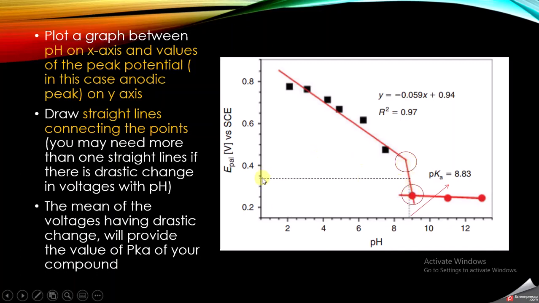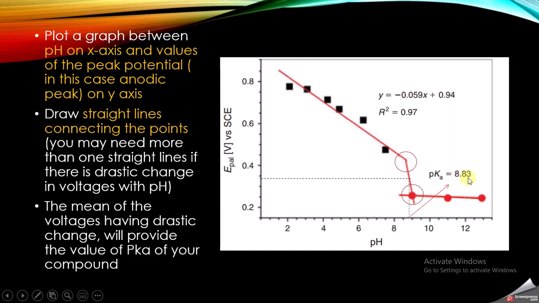Let's suppose the mean potential comes to something like 0.37. Then you draw a straight line from this potential to intersect the line, and the corresponding value on the x-axis for this intersection point is the pH value, which is the pKa of your compound. In this case, it comes out to be 8.83.